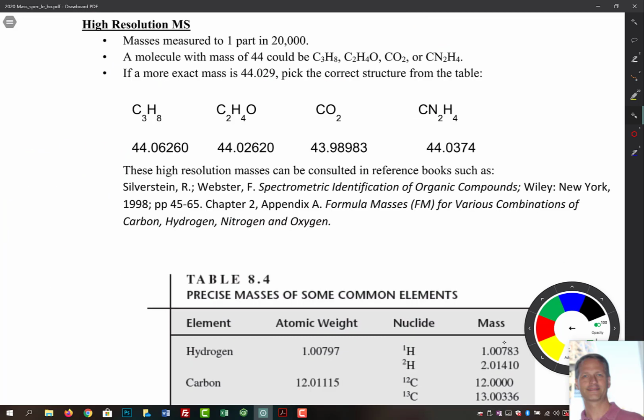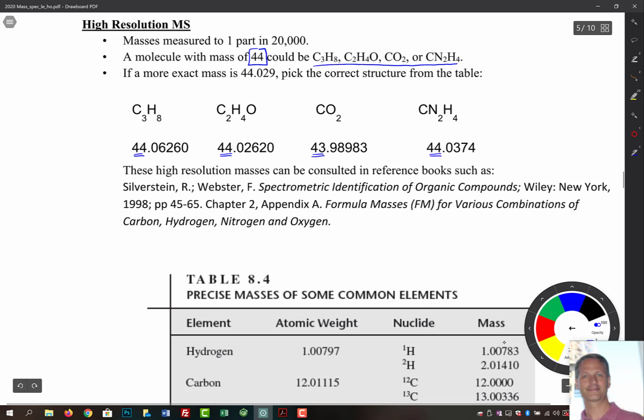And lastly, the other type of mass spec that you see is something called high resolution. So we saw before molar mass, for example, hexane, it was listed as being 86. But we can get more precise measurements too. So for example, if you got a molecule with a molar mass of 44, it could be a variety of different compounds that have molar masses that are really either 44 or very, very close to 44.